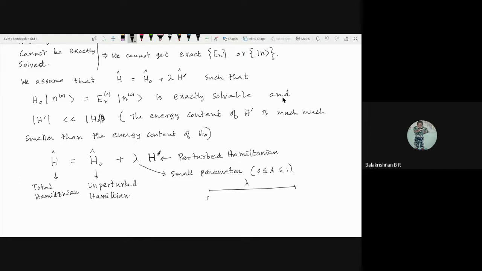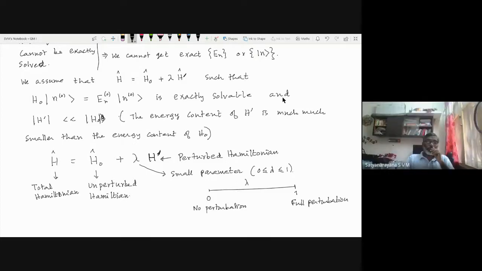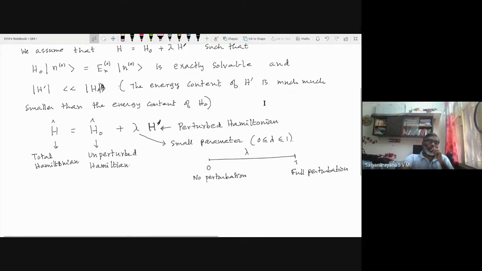Lambda equal to 0 corresponds to no perturbation, and lambda equal to 1 corresponds to full perturbation. So a small lambda means the perturbation is gradually being applied. So this is a small parameter.